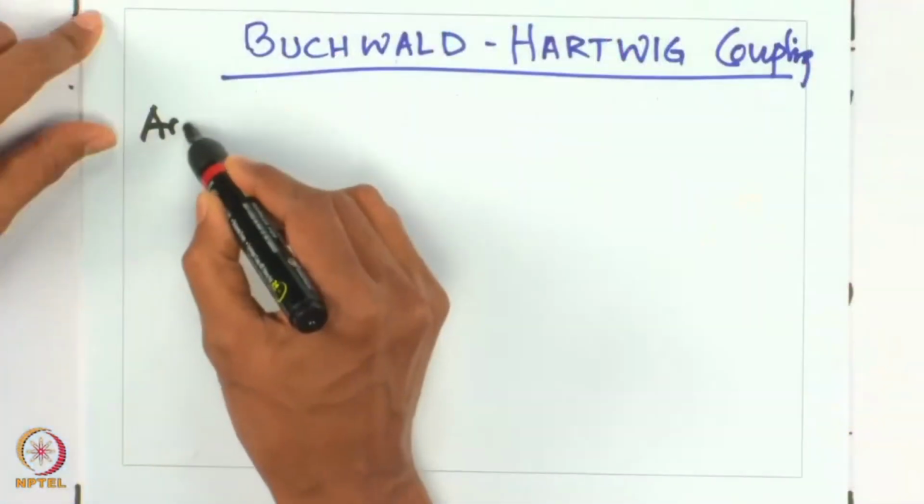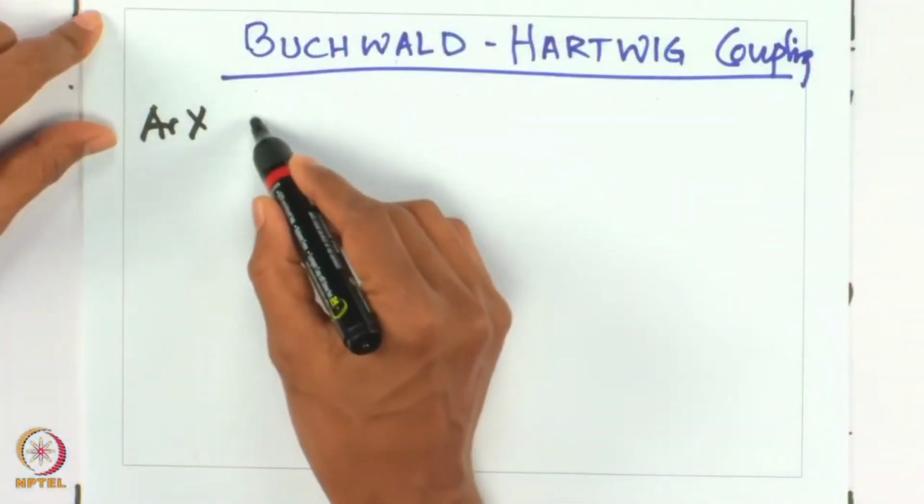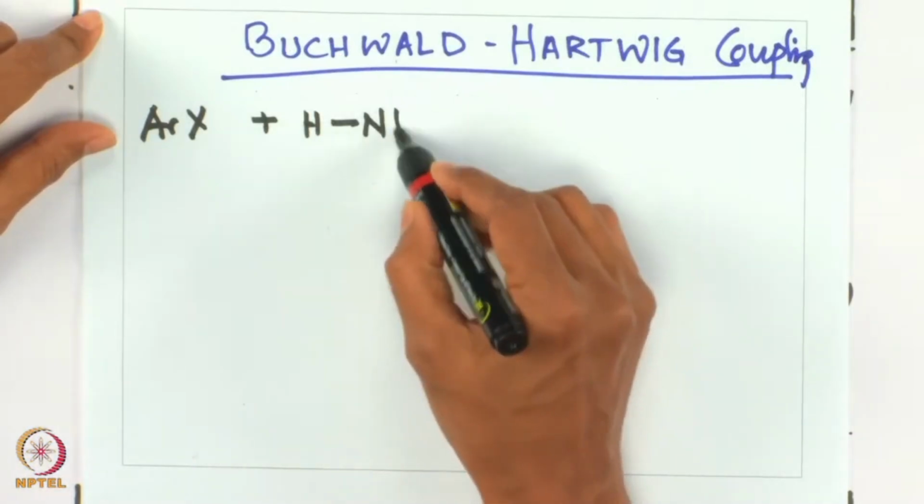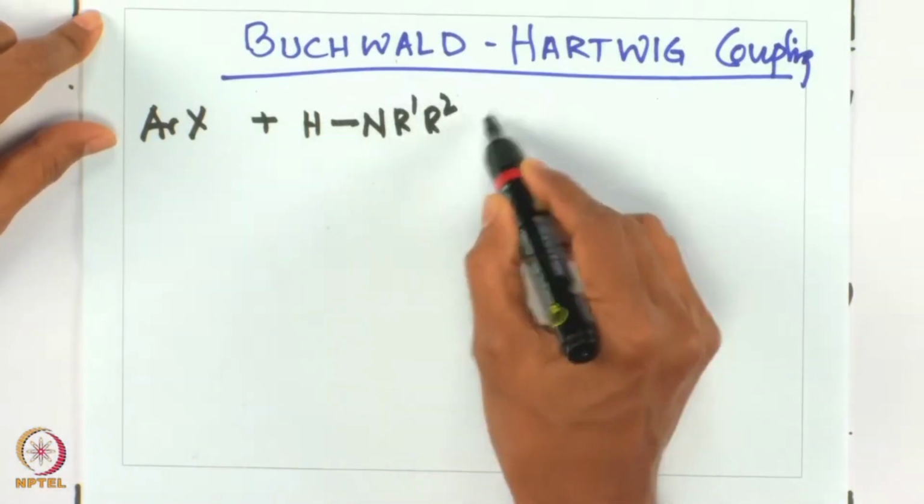Let us look at the name reaction. So, it is an aryl halide that is reacted with an amine HNR1R2.